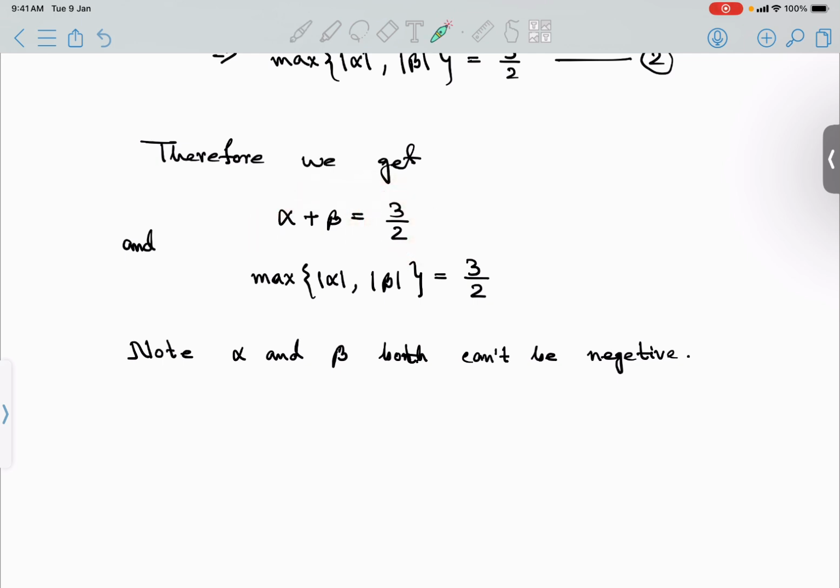So can one be negative? Suppose alpha is negative and beta is positive. Then the sum is positive.